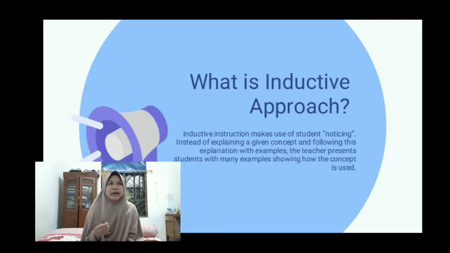So it means that, for example, the teacher will give some concept, how to speak English friendly, and then the teacher will give examples to the students to apply the concept in daily life.